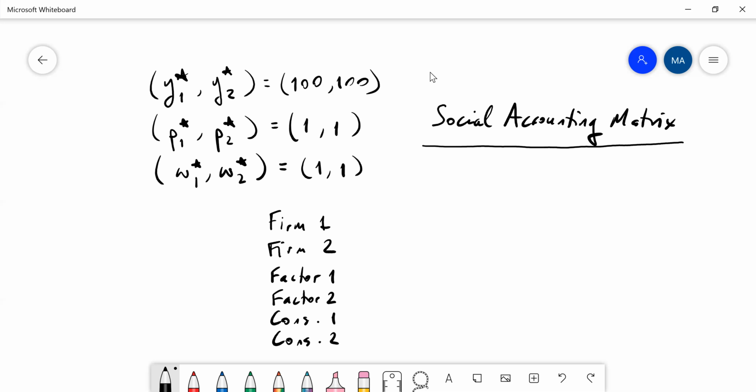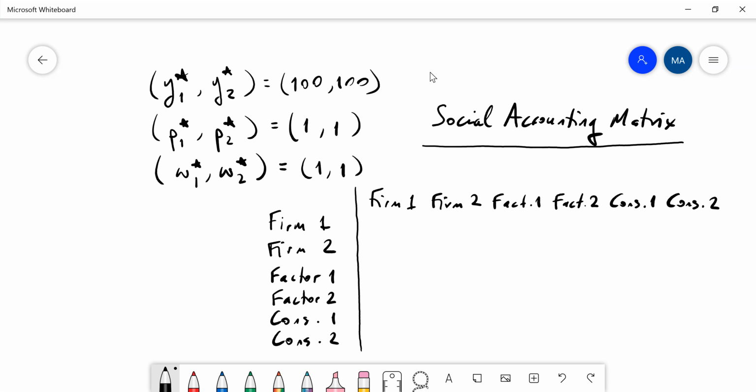Now I want you to imagine a matrix, all right? So the same order, we have firm 1, firm 2, factor 1, factor 2, consumer 1, and consumer 2, right? So this is, as you see, a simple matrix with the same number of columns and rows, right?